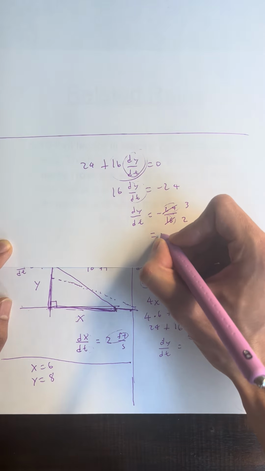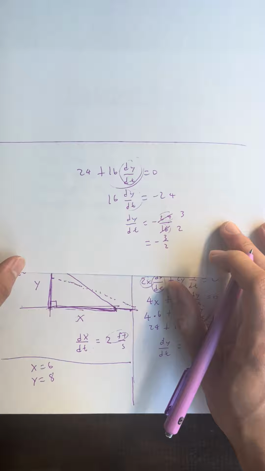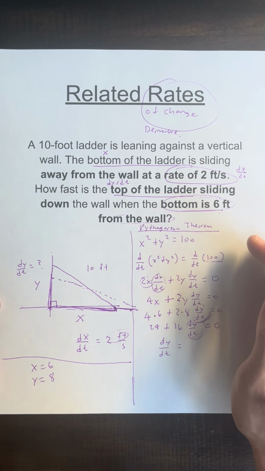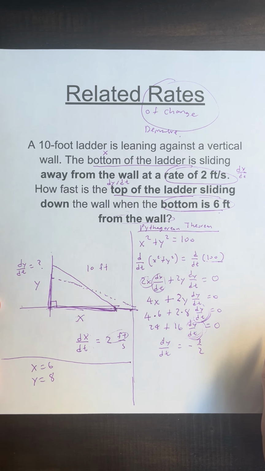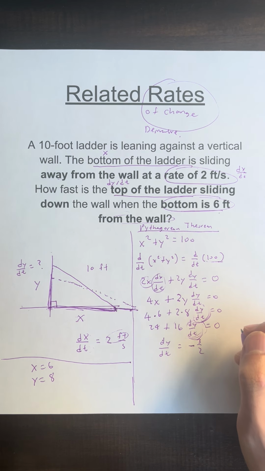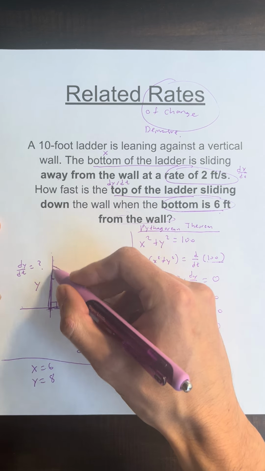So we're left with negative 3/2. Okay. So that is step 4.